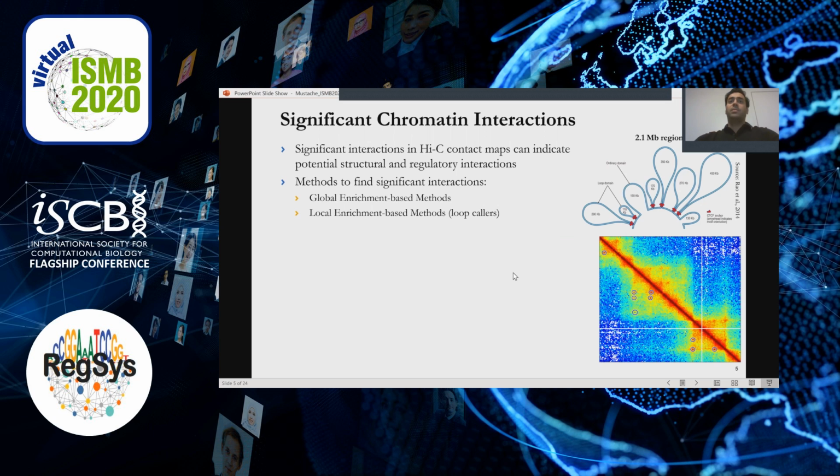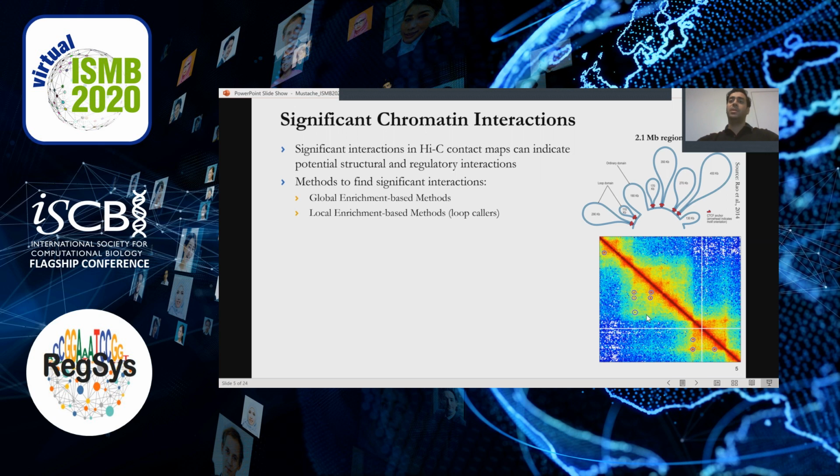Significant interactions in Hi-C contact maps can indicate potential structural and regulatory interactions. For example, you see here multiple domains, some of which are demarcated with convergent CTCF, namely CTCF loops.